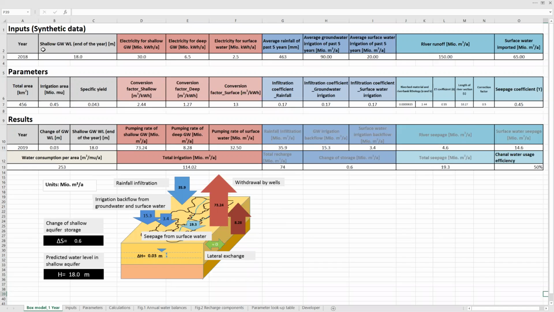You put in the depth of groundwater of the previous year, the pumping electricity for different water resources, the average rainfall of the past 5 years, as well as the irrigation water, river runoff, and the surface water imported here, given the parameters of Guantao County. The results are given in this table, and also in this figure.